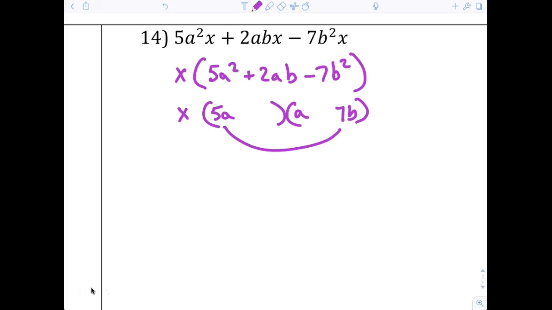All you have to do is check. So that 35 is way too big. So I know now that the 7b has to go over here and the 1b has to go over here. Now is that correct? So I want the 7 to be and the b to be. That's correct.